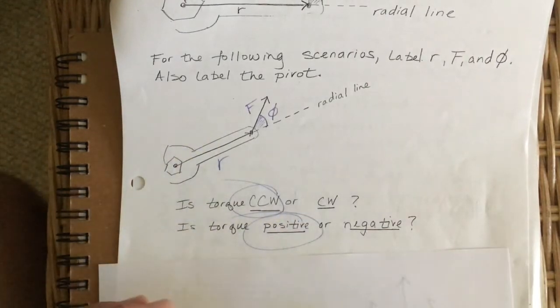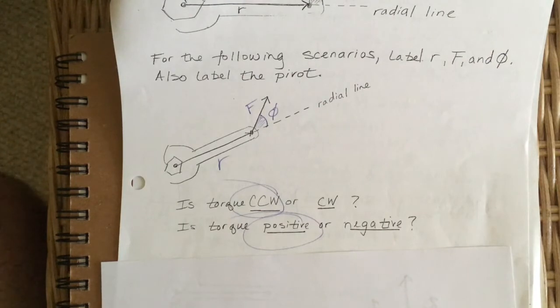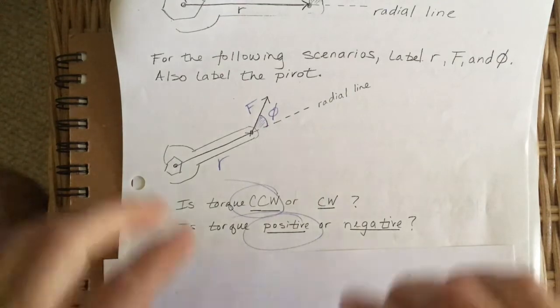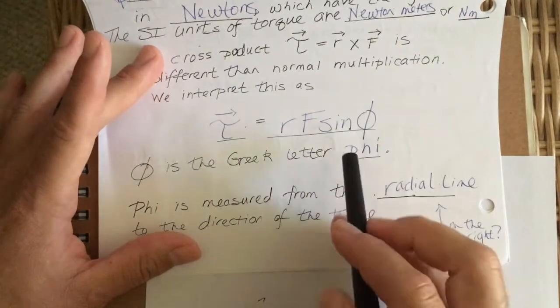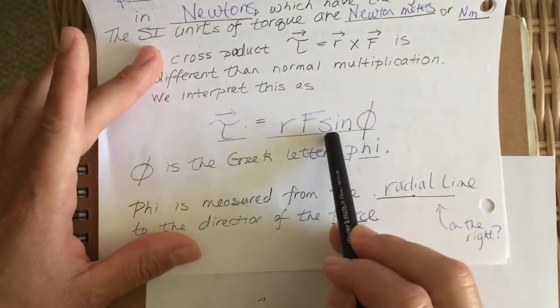So this chapter is all about accomplishing torque when the force is at a 90-degree angle to the distance, meaning that's where we produce the most torque. And that makes sense with our definition here, because torque is R F sine phi. Well, when is sine at a maximum?